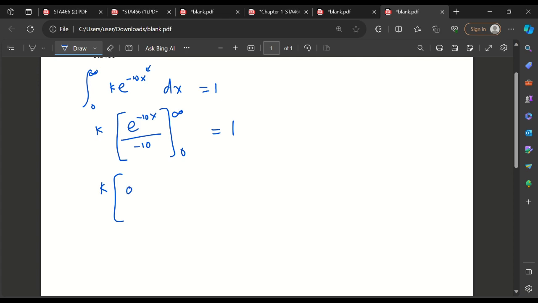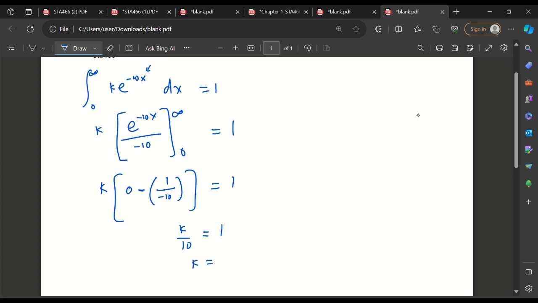Okay, betul tak? K minus dengan k bila you replace pula x dengan 0, so you akan dapat e power of negative 0. So it will be 1. Betul tak? 1 over negative 10. So here will be k over 10 equal to 1.